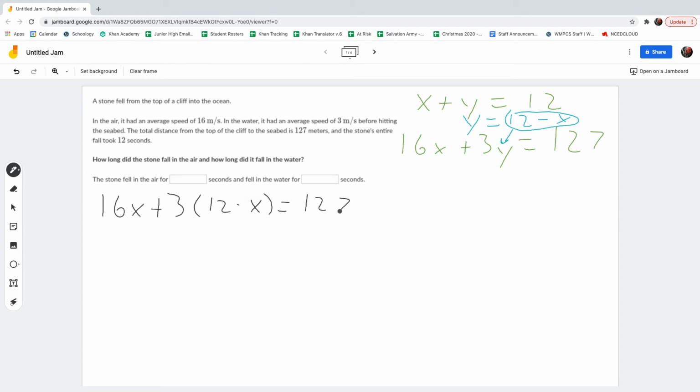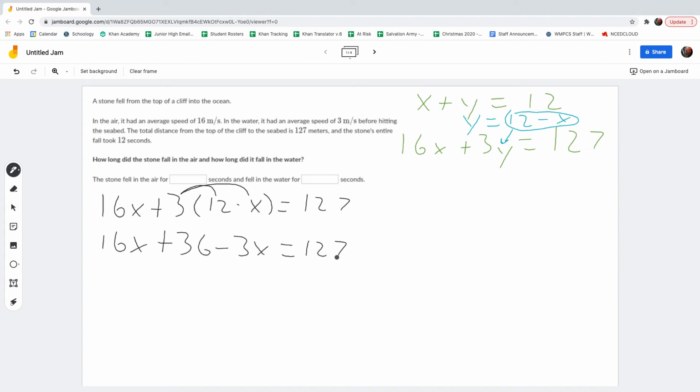And when we do the distributive property, it simplifies this side to 16x plus 3 times 12 is 36, and 3 times a minus x is minus 3x, equals 127.